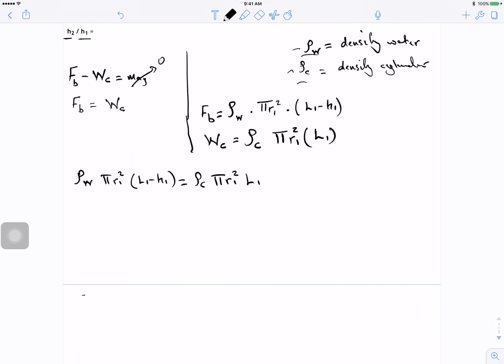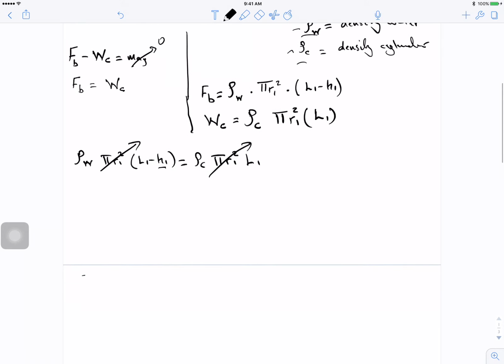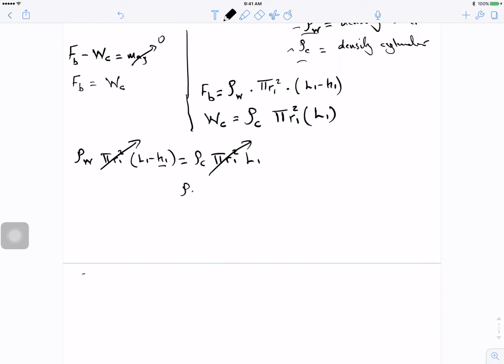Okay, so we can cancel out those, and then we need to solve for H1, for this height in here. So let's take the density of the water to the other side. That will give us PC L1 divided by PW, and this is equal to L1 minus H1.